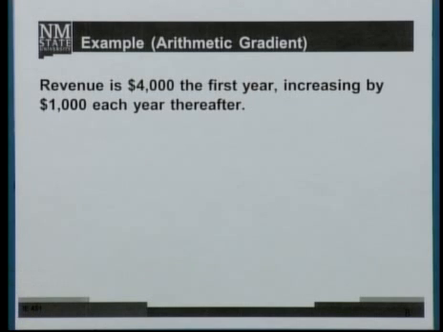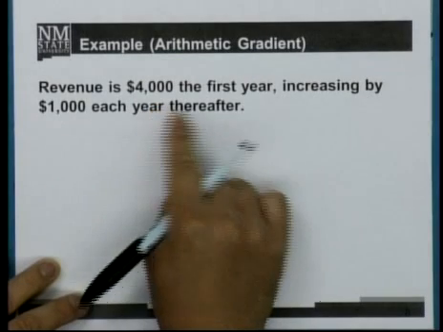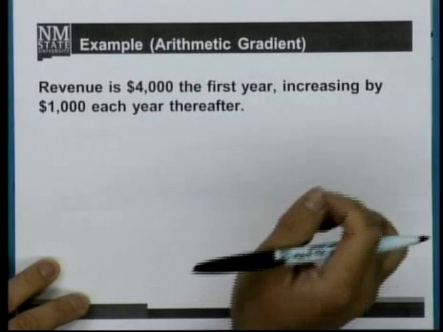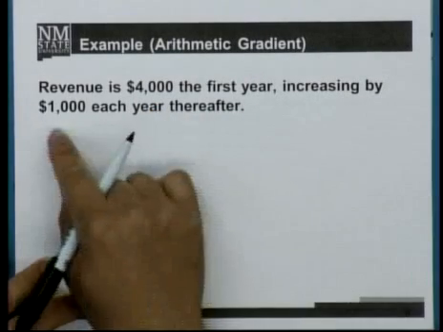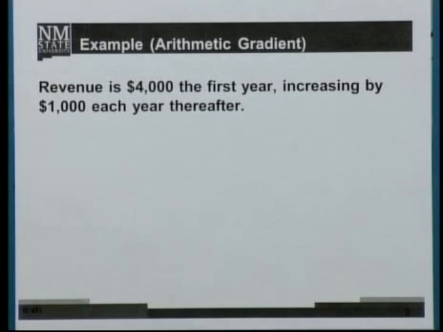So suppose you are running a small electronic shop, and you are expecting that the revenue is $4,000 for the first year, and the revenue is increasing by $1,000 each year thereafter. Then how do you draw the cash flow diagram for this situation?